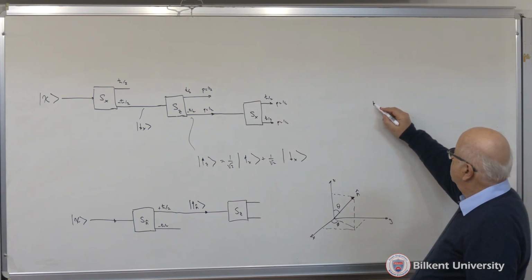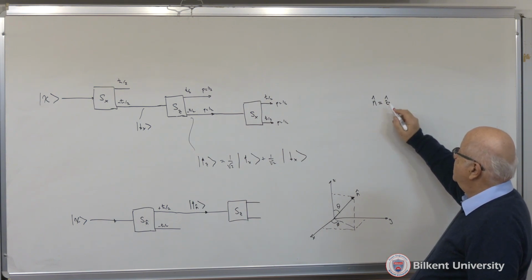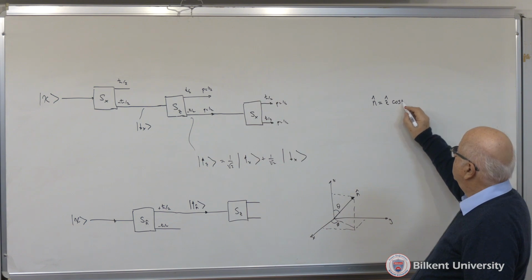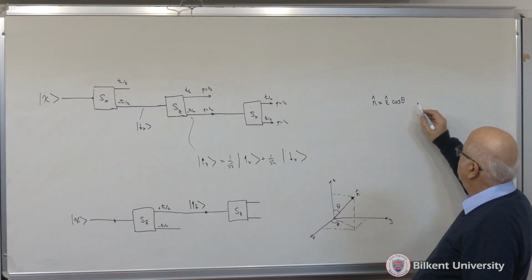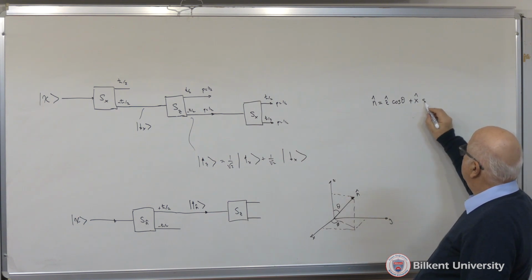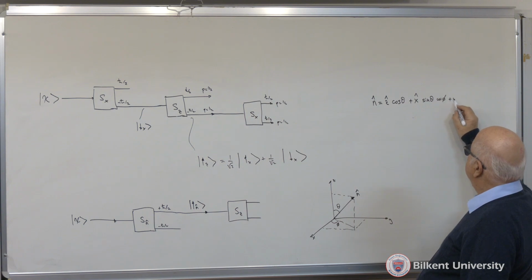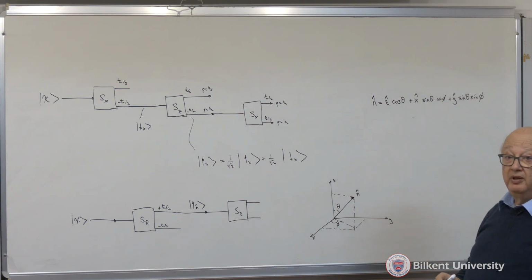So I can write this down very easily. n is something in the z direction, proportional to cosine theta, something in the x direction, which will be sine theta cosine phi, plus something in the y direction, sine theta sine phi, right?